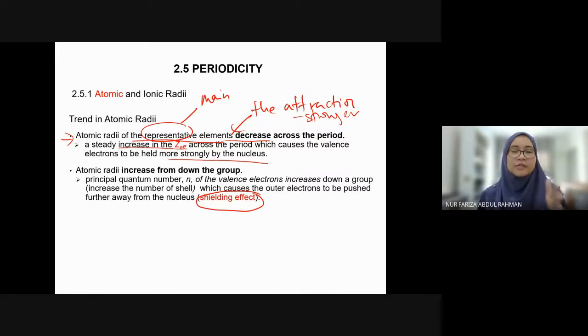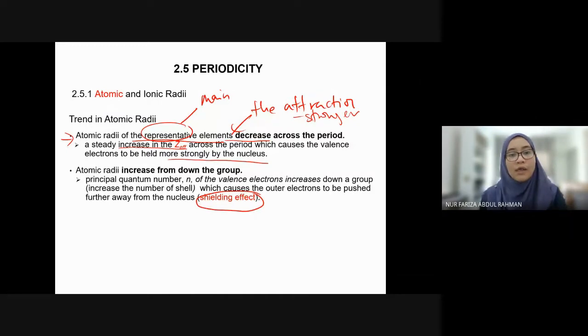That is in terms of down the group. Because we can't highlight Z effective much here. It's not that we can't, it's just not that significant. Imagine if you are talking about elements in the same group, the Z effective is the same. Positive 1, positive 1, positive 1, for group 1 for example, sodium, potassium and so on.